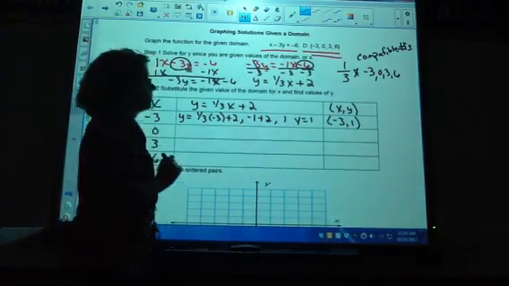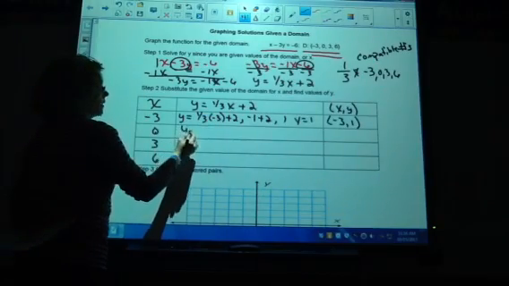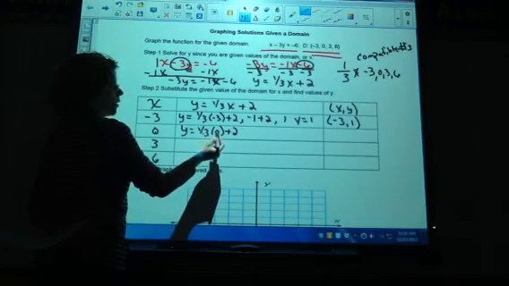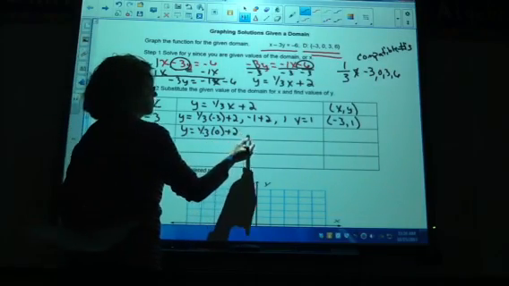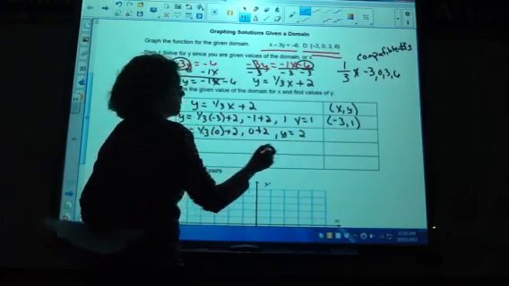So for our first ordered pair to graph, x is negative 3, y is 1. Now we're going to input 0 for x. 1/3 times 0 is 0. So 0 plus 2 is 2.